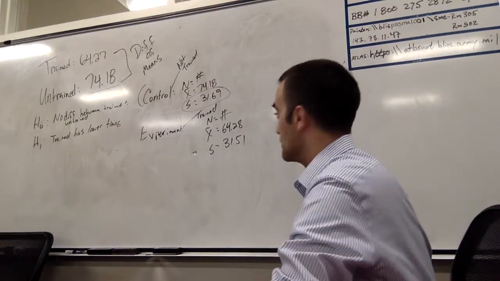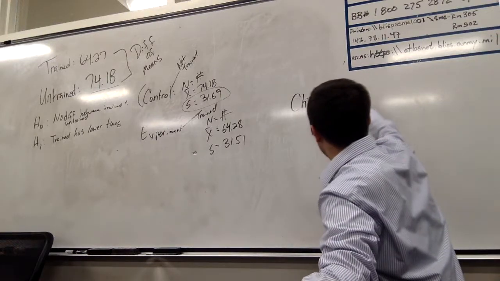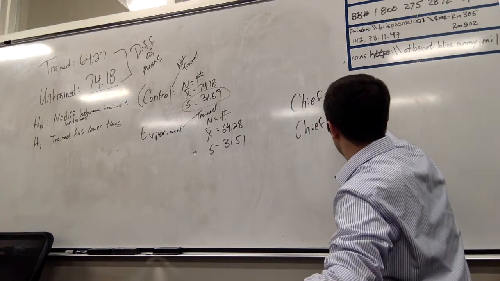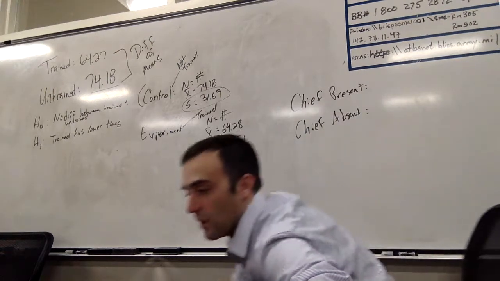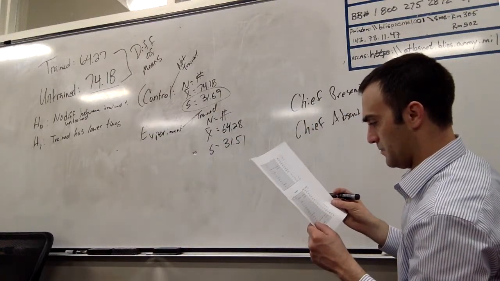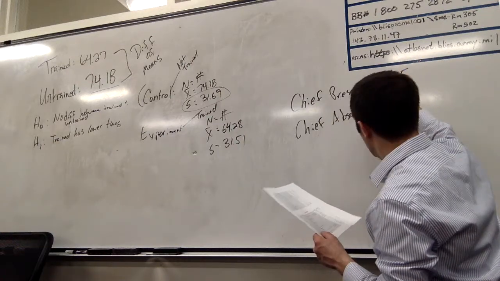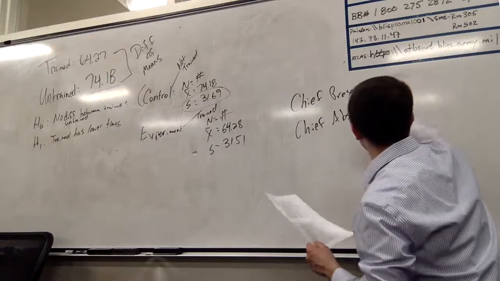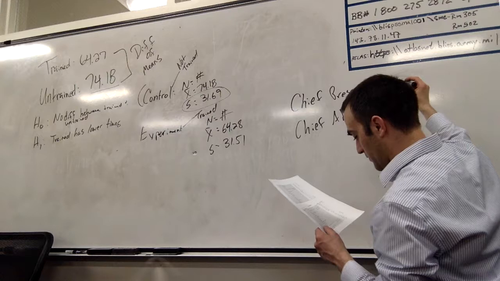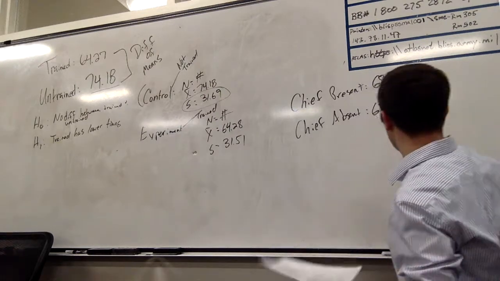The other one was whether the chief was there. Chief present, chief absent. We saw that when the chief was absent, the turnout time was 69.55 seconds. And when the chief was present, it was 68.52 seconds, the average.